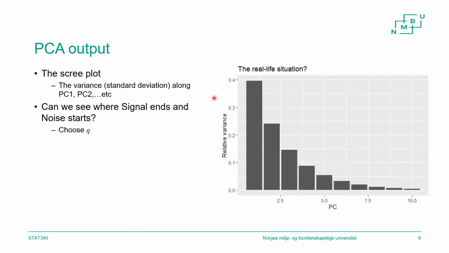So what is the typical situation is something like this. This is more how it often looks, I would say, where you have some very big bars here, the first principal components capture something, the last components capture almost nothing, and then there is some place in between where we should draw the line. And it's not obvious.